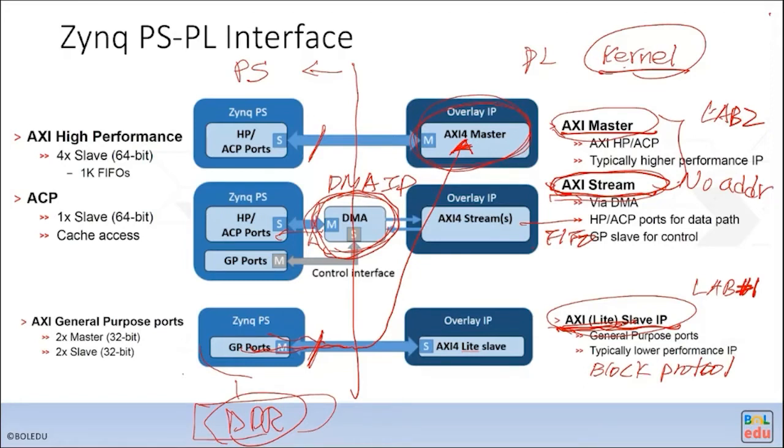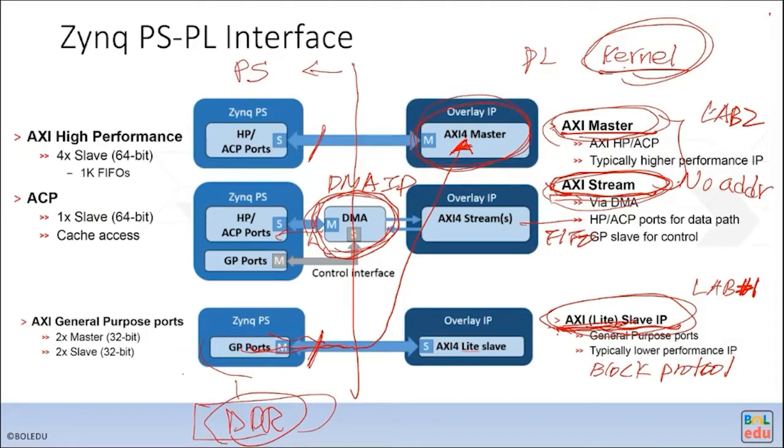At this point, just remember that for a kernel function to access or communicate with the host, it has three ways: AXI master, AXI stream, and AXI Lite. AXI Lite is used for configuration or for small amounts of data transfer.